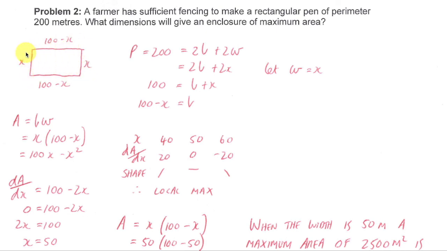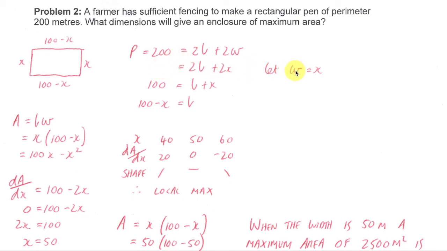rectangular shape. What we know straight away is that the perimeter, the length of the entire fence, is going to be 200 metres. Now if we look at that rectangle, then it's going to have two unknown lengths and two unknown widths. If I just determine the width as being the variable x, I can write that the perimeter is equal to 200, which is equal to 2l plus 2x.